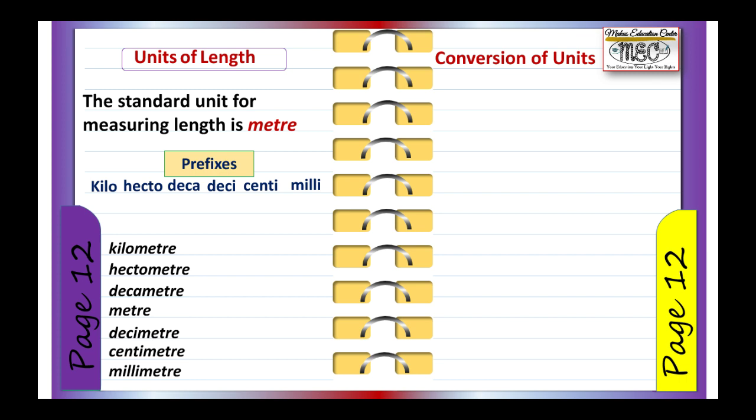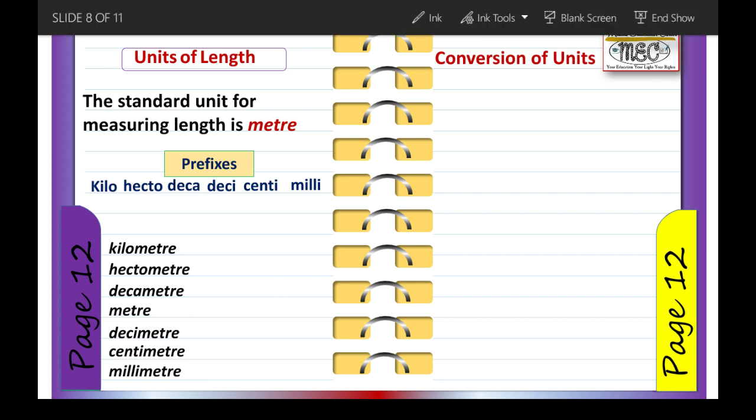For short distances, you are not going to use kilometers. We are not going to use hectometers, but maybe you can use millimeters. Millimeters are used to write the short distances, while kilometers are used to write the long distances. From that, you have to know that kilometer is the biggest and millimeter is the smallest.